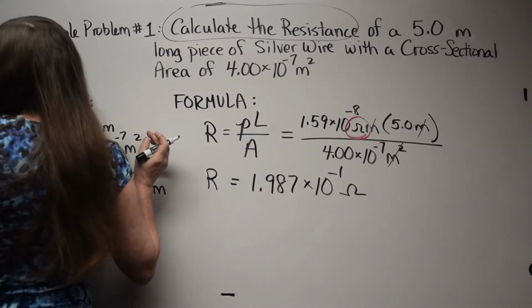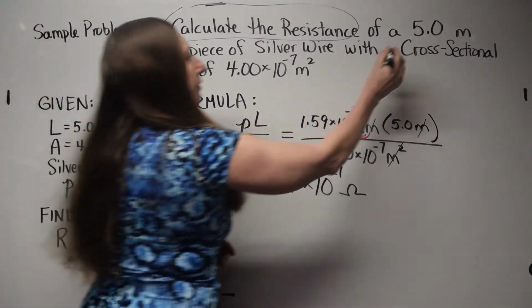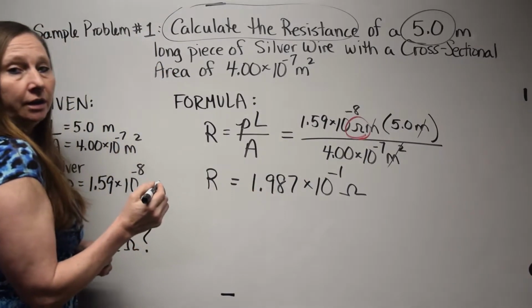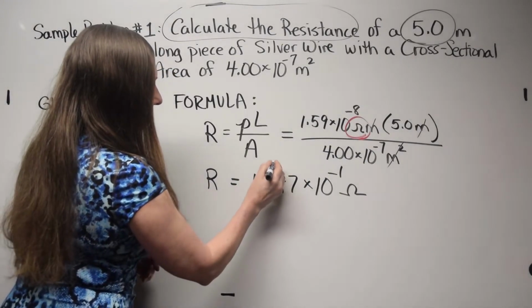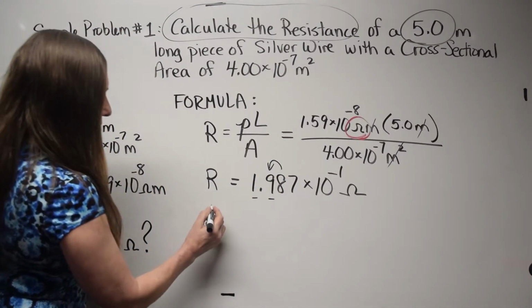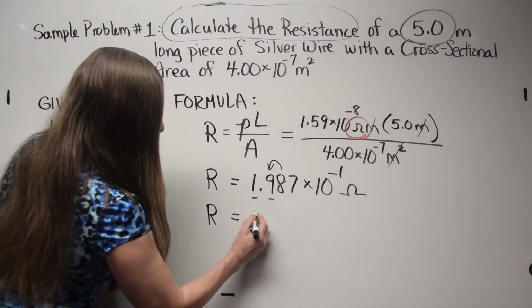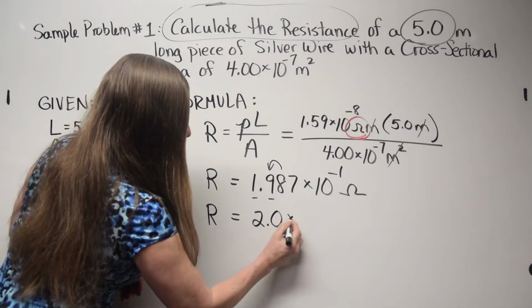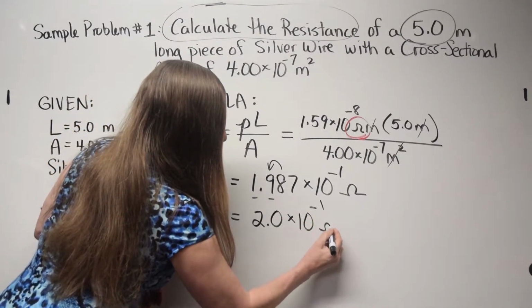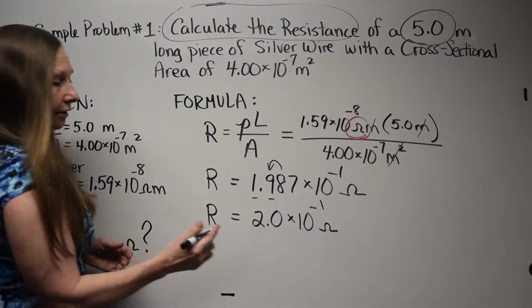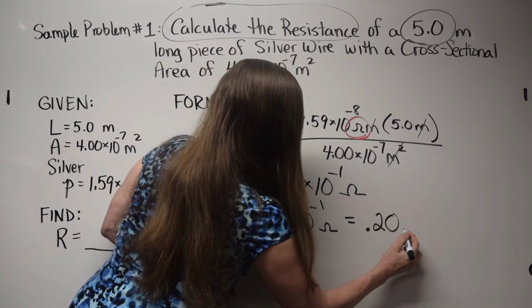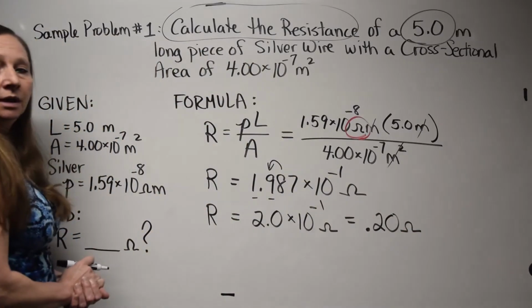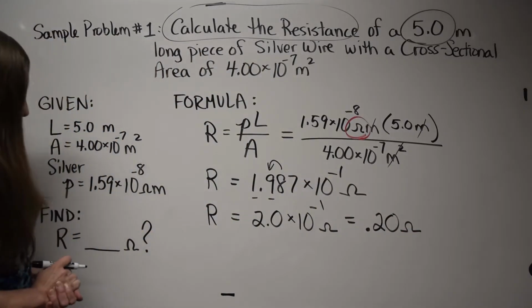Now, we only have 2 significant figures that we can actually hold on to in the answer. So 2 significant figures, the 8 bumps this up to a 2. So it's going to be R equals 2.0 times 10 to the negative 1 ohms. And 10 to the negative 1 would just be R equals 0.20 ohms. That's a nice number. I like that number.